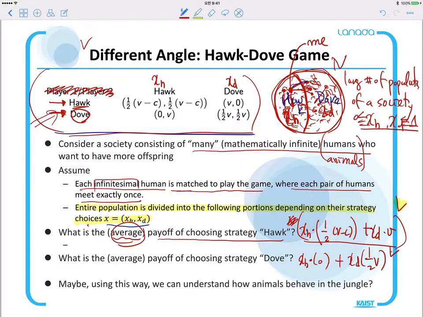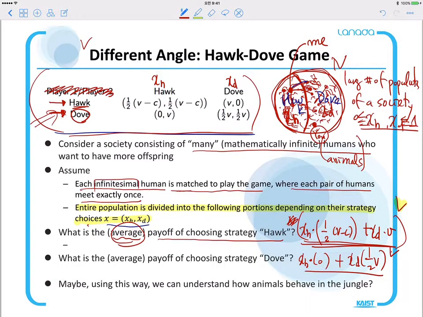And if we move our perspective to not me, but you are here, but you are infinitesimally small, that's why we can compute the expected payoff in this way, and we can do the same thing.